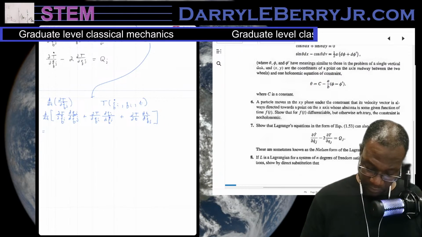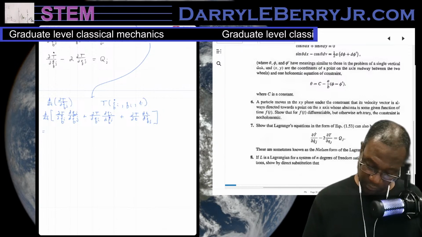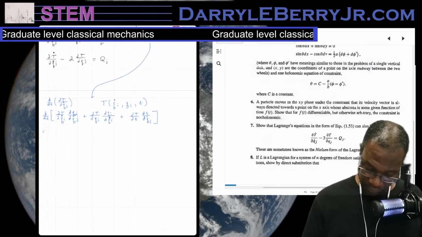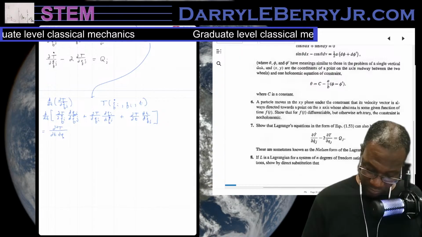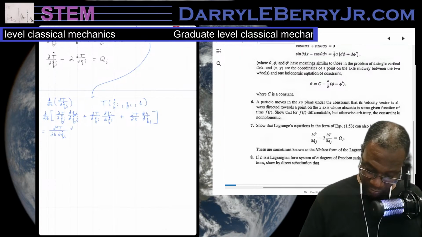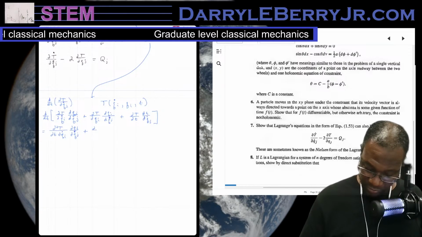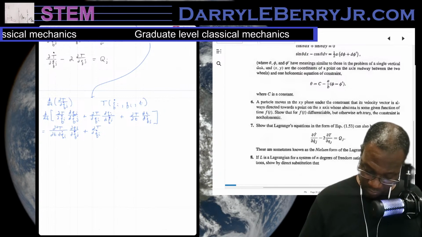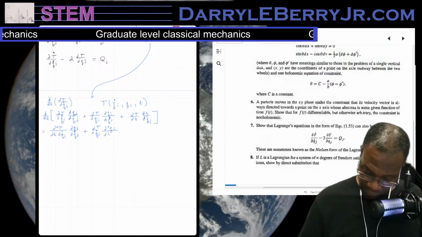So this equals partial squared t over partial t partial q dot i, partial q i over partial q dot j, plus partial t over partial q dot i, partial squared q i over partial t.